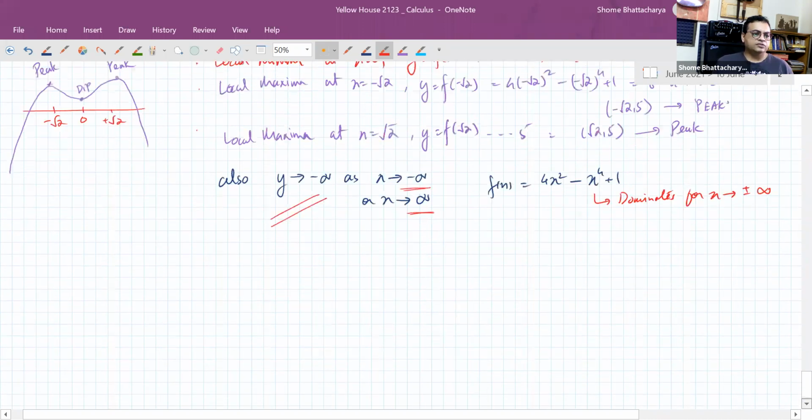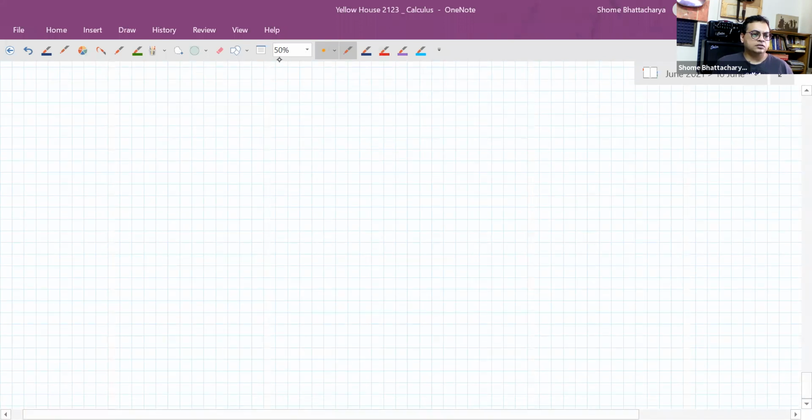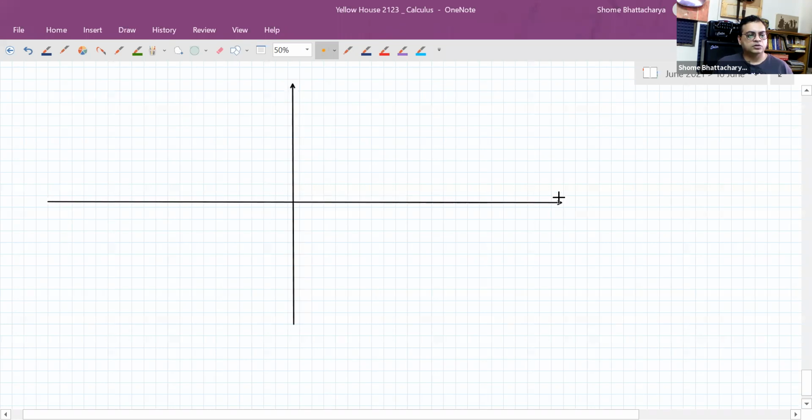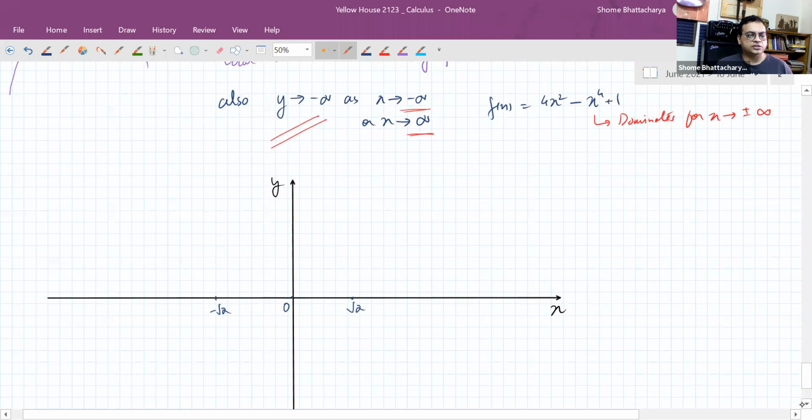Okay, so if you put together this information now, we can see that the nature of the function, apart from the fact that it's a very symmetrical kind of function because it has only even powers of x, but also, so if this is minus root 2, this is root 2, then we saw that the two peak points were having y coordinate of 5 each, right?